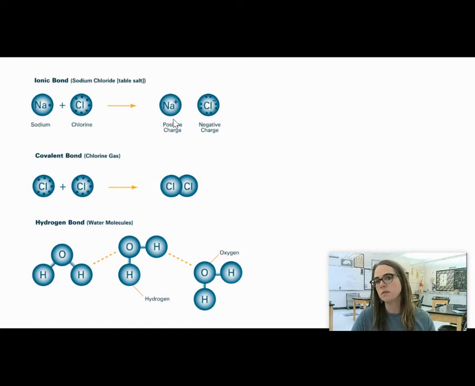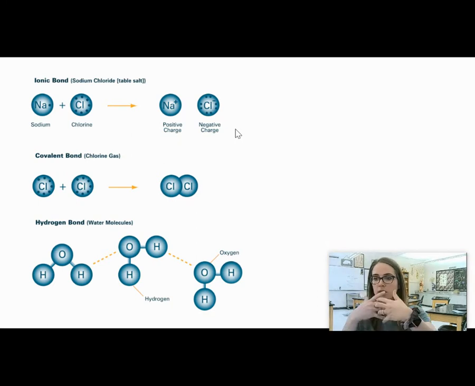It then becomes positively charged, a cation, and chlorine becomes a negatively charged anion, and the attraction between those two is what makes an ionic bond. So you want to pay attention to the charges and how many protons and electrons each atom has if you're trying to decide if it's an ionic bond.